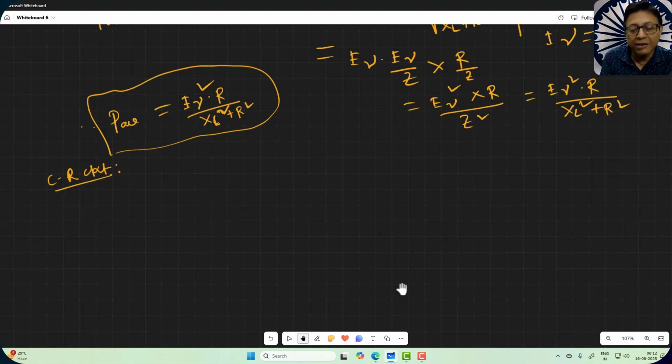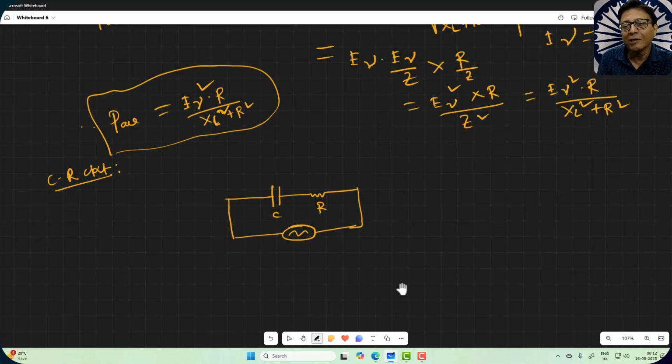For a circuit with capacitor and resistor, if we want to find average power, this is C, R, with input EMF. If you go by phasor diagram, actually in this case the phasor diagram will be taken in a different manner.